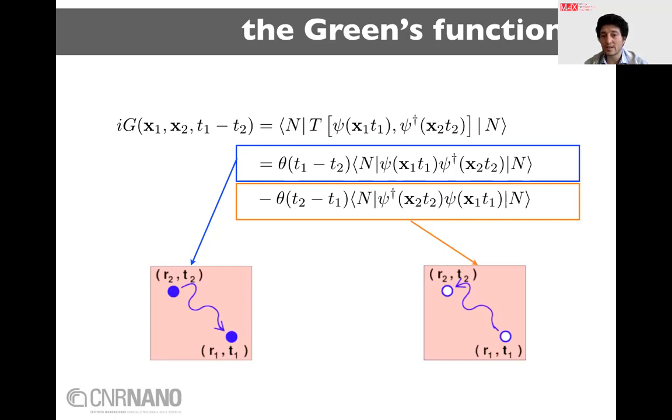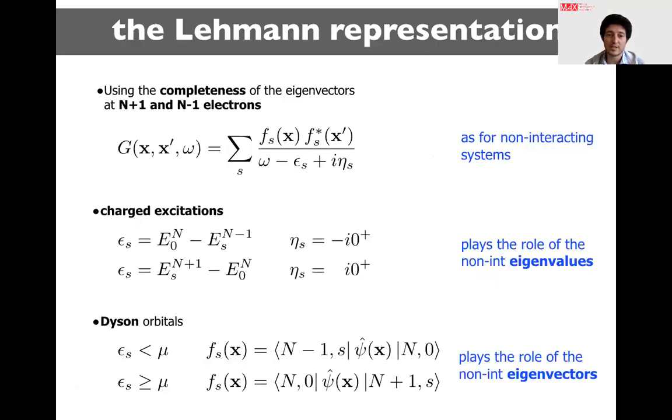That's why, in order to expand these dynamics, we need to address excited states that are charged. So this object basically embodies the knowledge about charge excited states, charge excitations.